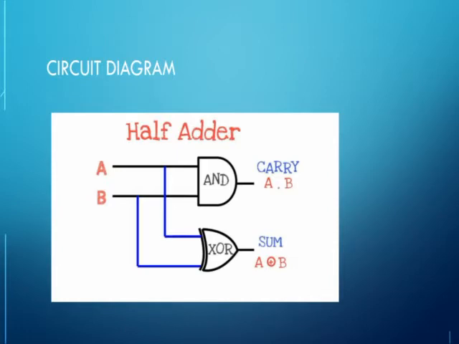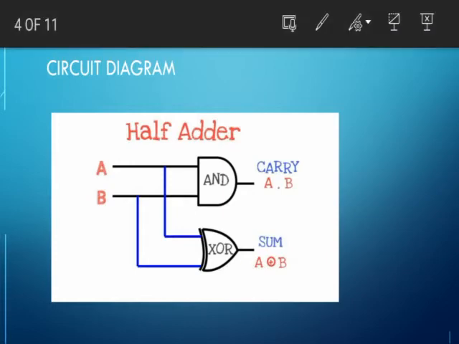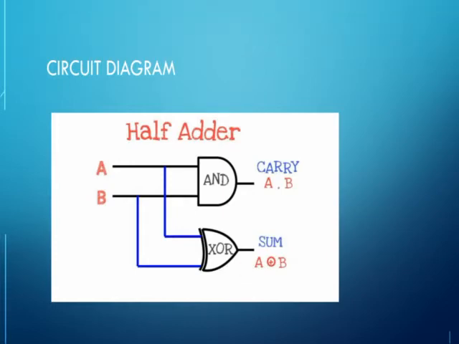From the AND gate we have the carry output, and from the XOR gate we have the sum output. Carry is the AND gate output, A into B, and sum is the XOR gate output, we know that A XOR B is A into B complement plus A complement B.